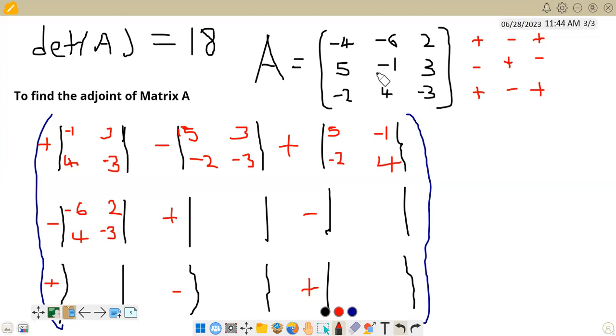Tikubweraso apa this one. So it's row 2, column 2. That we are remaining with negative 4, 2, negative 2, negative 3. And then we will have negative 4, 2, then negative 2, negative 3 here. Ndekuti tichite changu apa, tingopanga mwachangu basi.